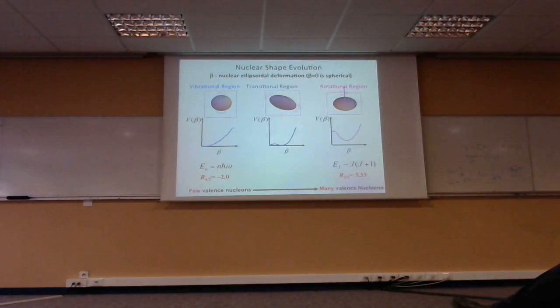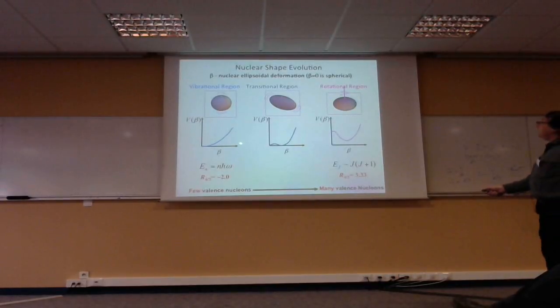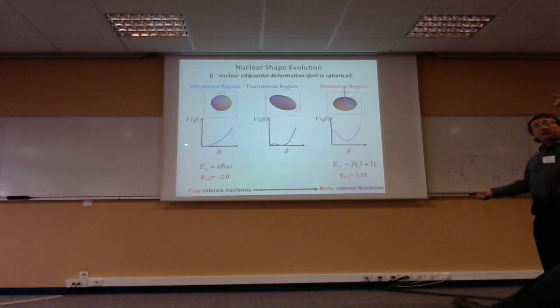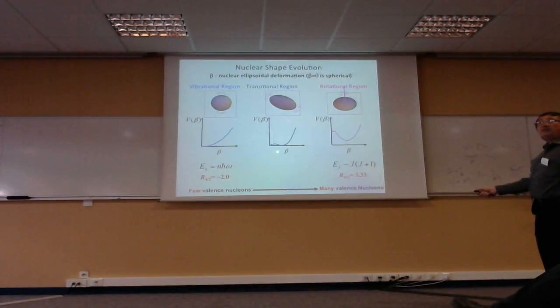Now you start adding the valence nucleons, and then at some point, because now the V2 term, which goes like n squared, starts to dominate, that changes this potential and starts to make some kind of excursion in this axis of deformation.